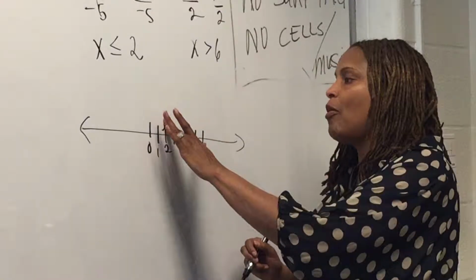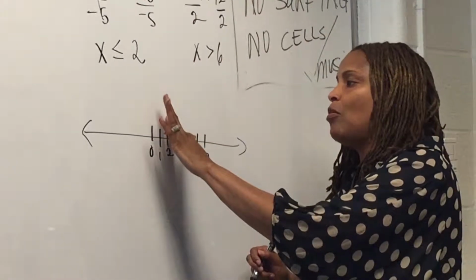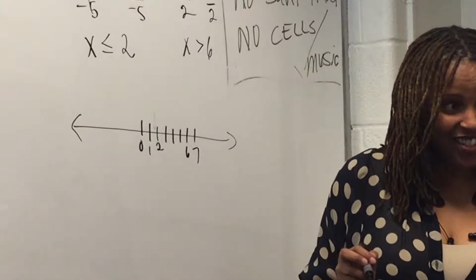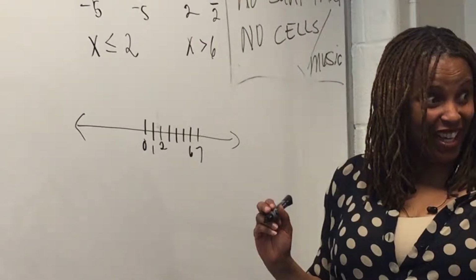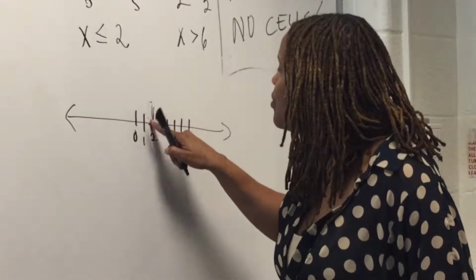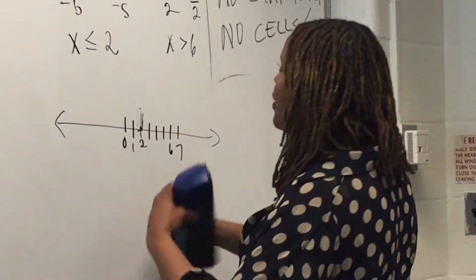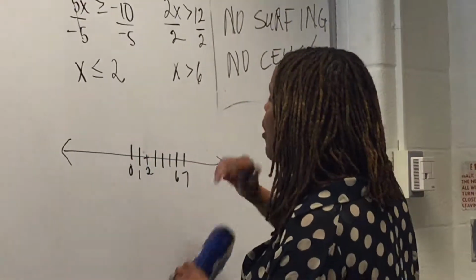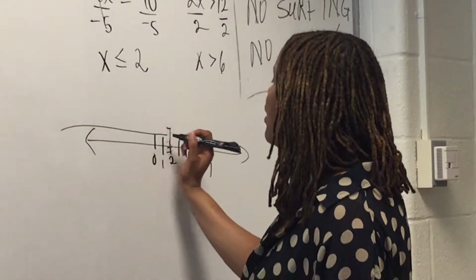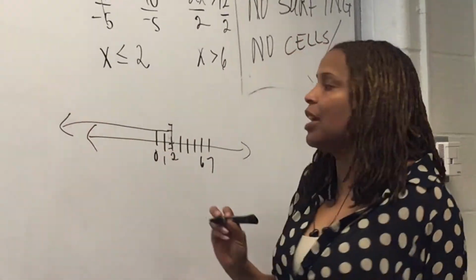It should be a bracket. Right? Bracket. And x less than. I'm doing a very good job of drawing it. This way. Are we okay with that?